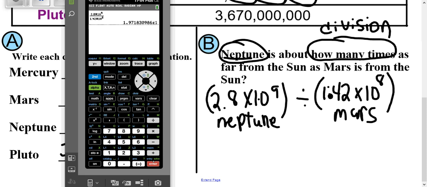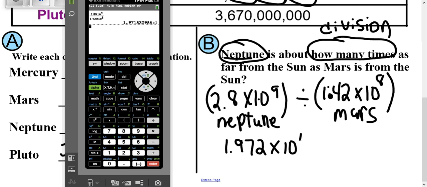So if this is something you're putting down, say you have 1.972, I'm going to round it, times 10 to the exponent of 1. So basically it's times 10.